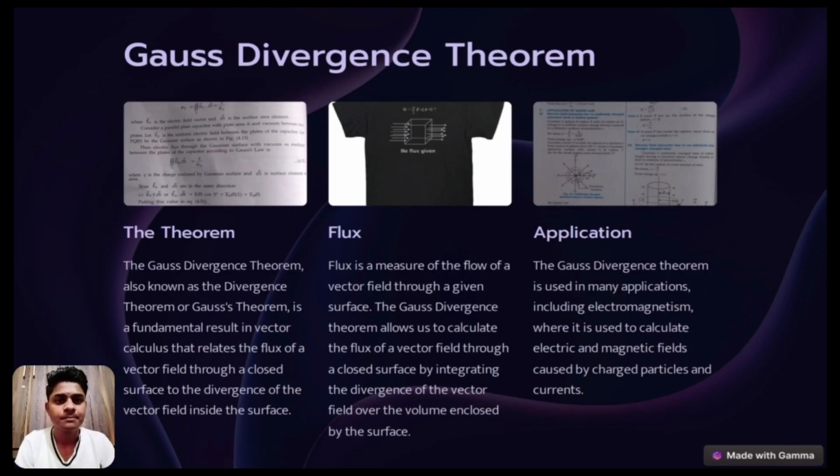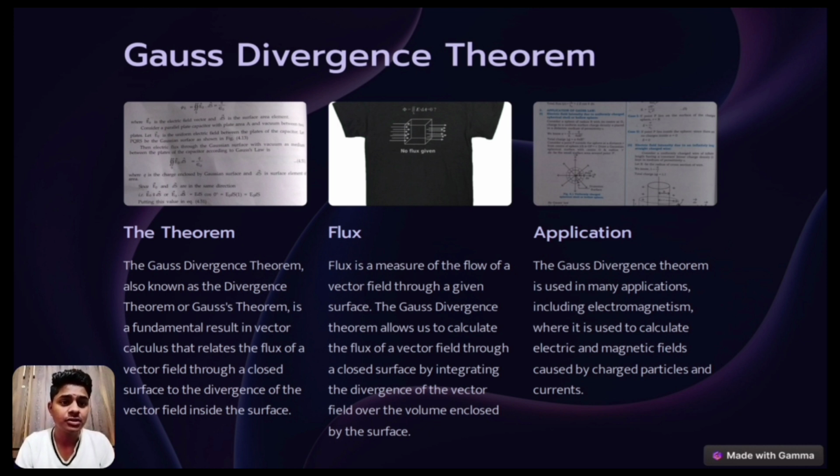Okay, next. Gauss divergence theorem. The theorem. The Gauss divergence theorem, also known as divergence theorem or Gauss theorem, is a fundamental result in vector calculus that relates the flux of a vector field through a closed surface to the divergence of the vector field inside the surface. Flux. What is flux?